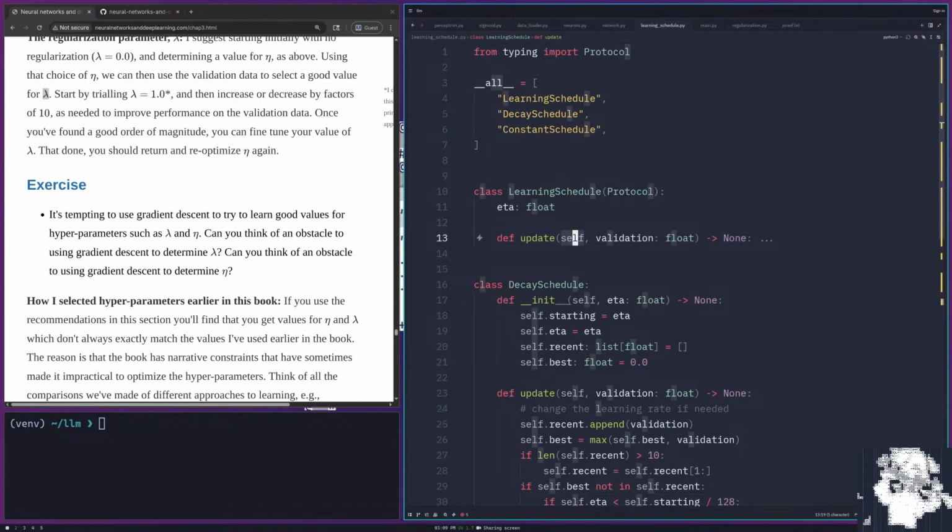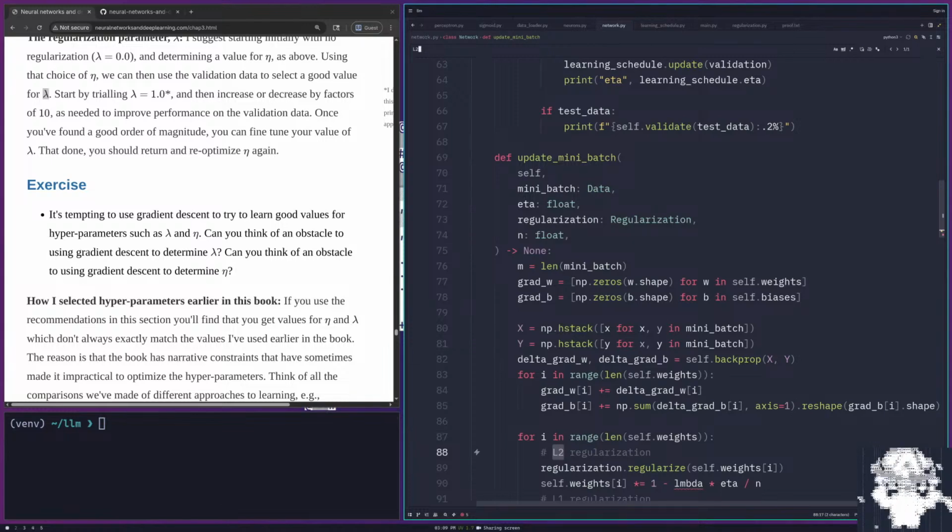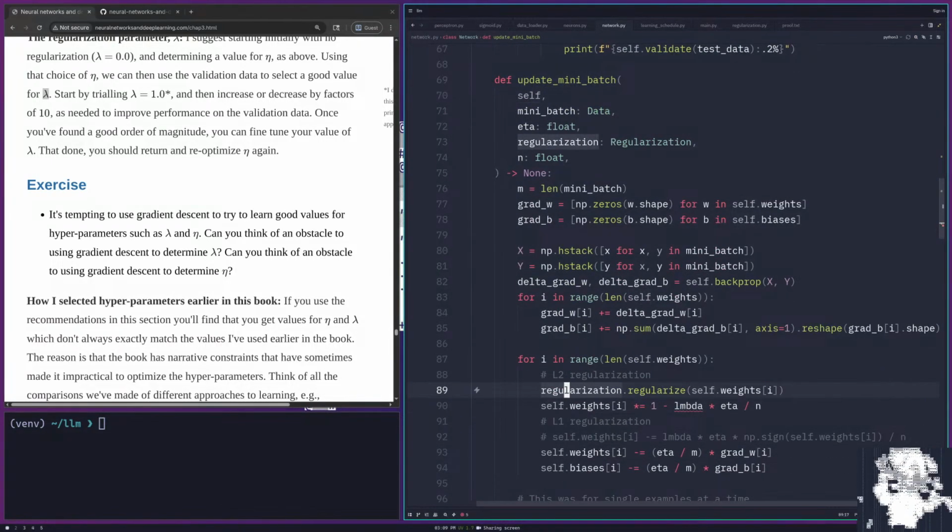So let's go find L2. This is what it looks like.